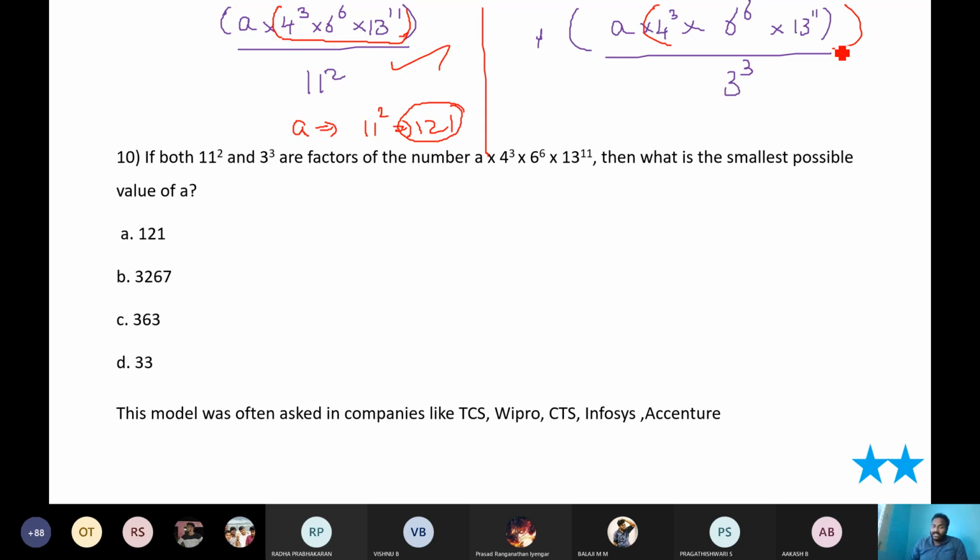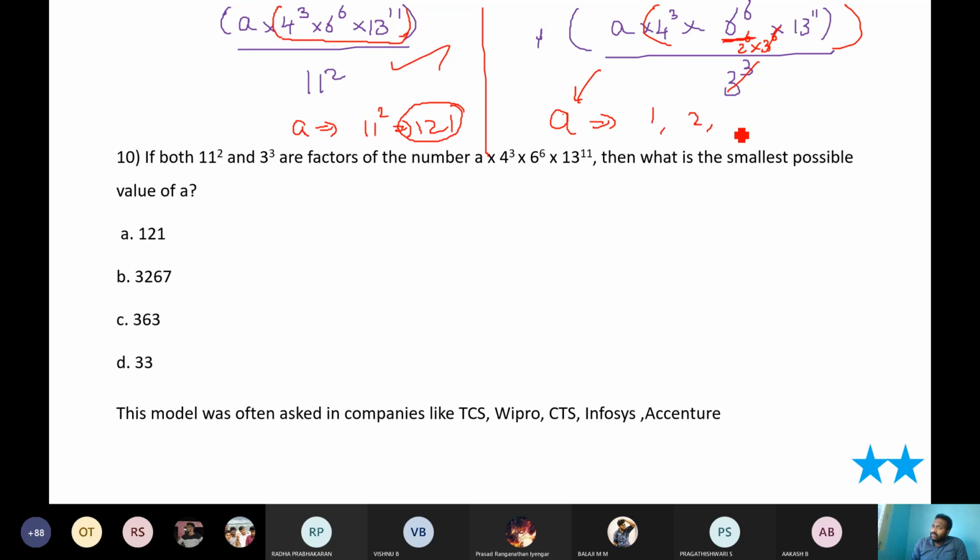Very good, Harivardhani. Yes, definitely it is divisible. How is that divisible, sir? Because 6 power 6 has 2 power 6 into 3 power 6. So 3 power 6 and 3 cube can easily be divisible. So A could be any number. According to this case, A could be any number.